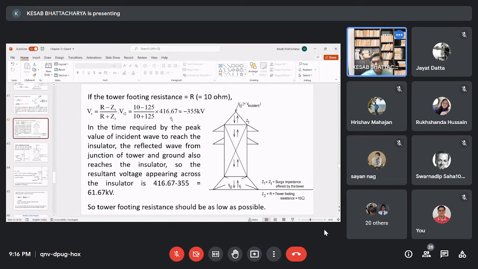That is why the value of the tower footing resistance should be as low as possible so that the ground wires can provide proper protection. Is the point clear to you now?